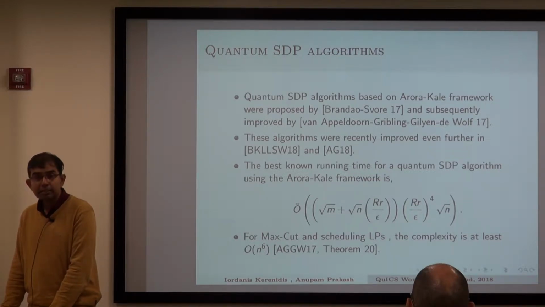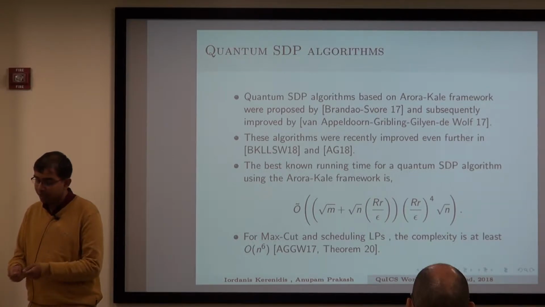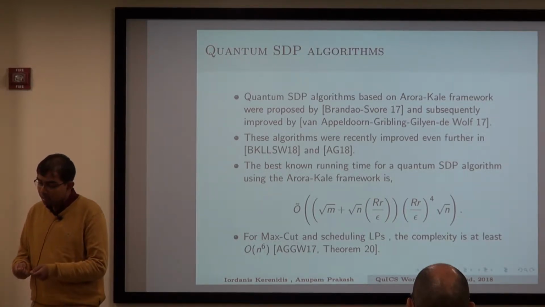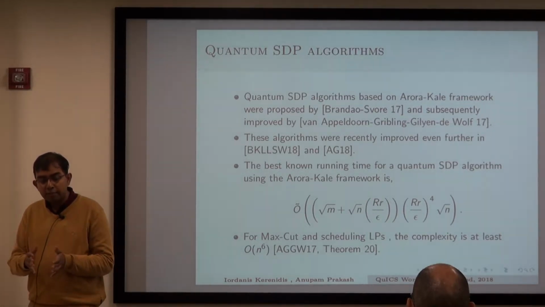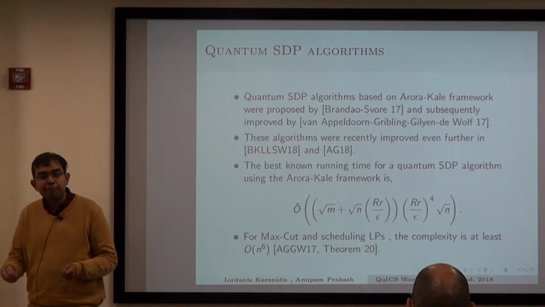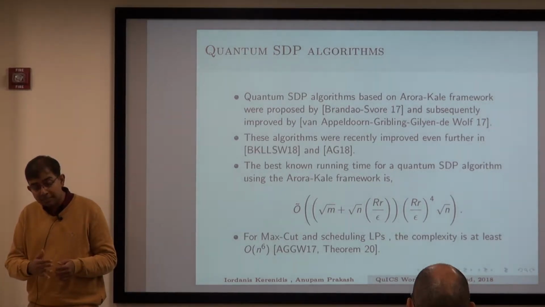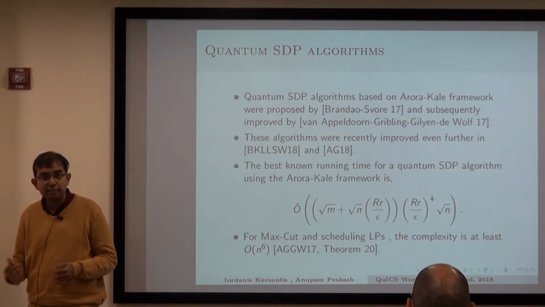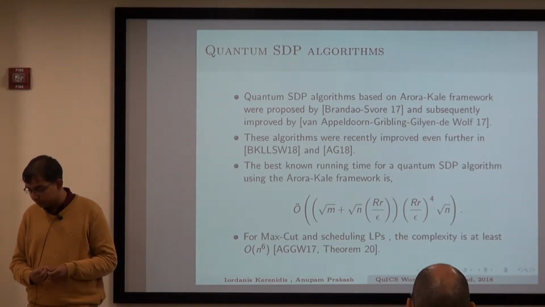I'm confused. What is this square root of n thing? So this is in the operator model. There's a factor which they call alpha, and this can be at most square root n. But if you put this R and small r, you don't need that. So there's also a runtime without this.